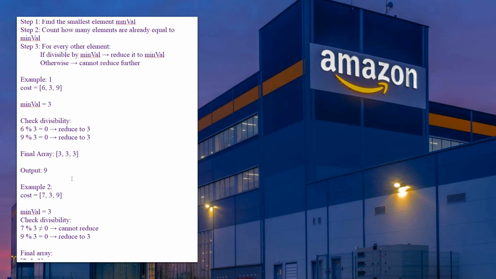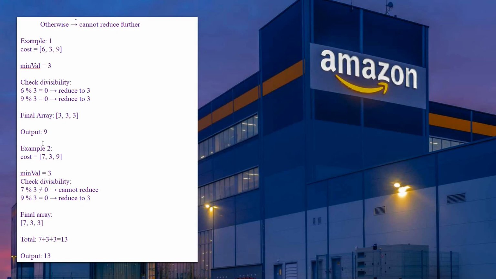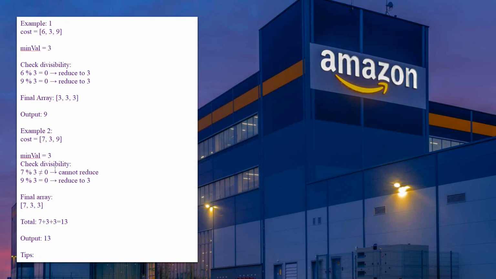Similarly, in example 2, the cost array has 7 instead of 6. So with 7, 3 and 9, the minimum value is again 3, and you check the divisibility. When you divide 7 by 3, the remainder is not 0, so it cannot be reduced. You keep the array element the same if it is not divisible by the minimum value, so you keep 7 itself.